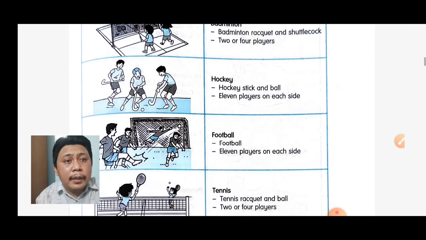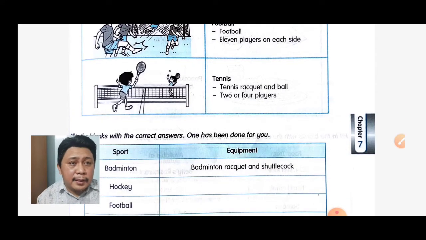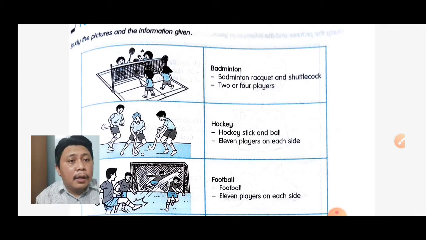For hockey, you need a hockey stick and ball. This is the equipment. For football, you need a football, and for tennis, you need a tennis racket and also a ball. The second one, 2 or 4 players, 11 players on each side, is how many players are available in the game.